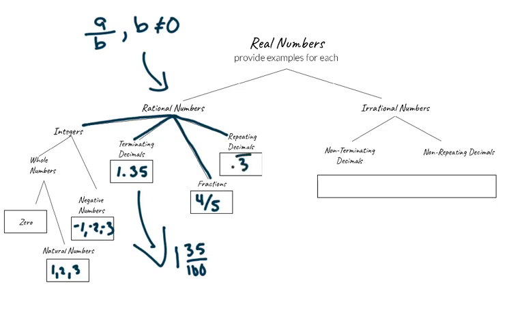0.3 repeating, with this bar notation. Whenever you see this bar notation, that means the pattern continues on into infinity. And as I stated earlier, all of the numbers that fall within the rational number category can be written as fractions. And I'm just going to show you really quickly how this can be written as a fraction. So I'm going to let x equal my repeating decimal. Okay. Now what I want to do is I want to create a whole number. So I'm going to multiply my repeating decimal times 10.